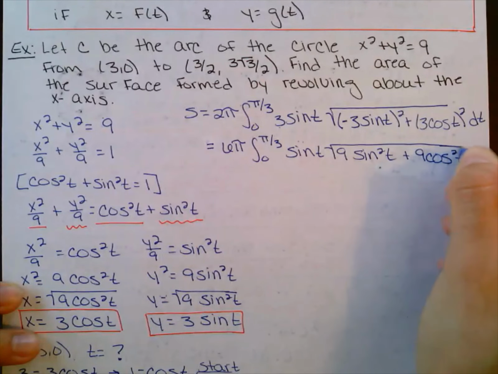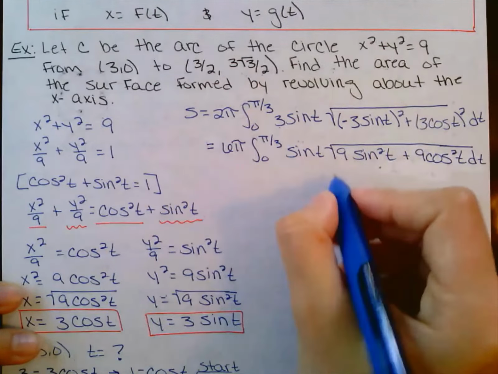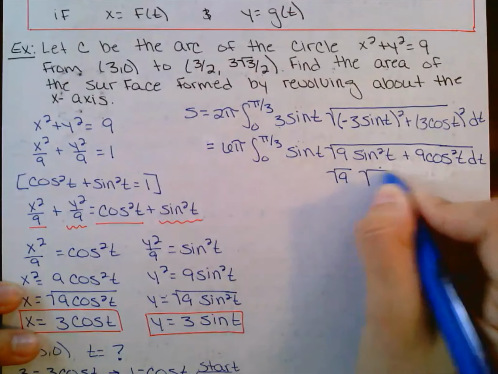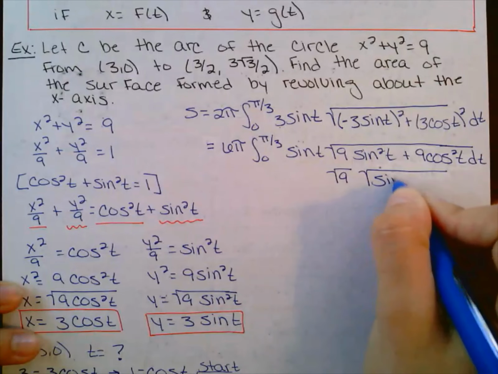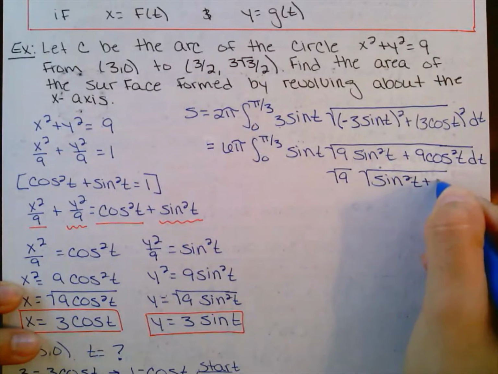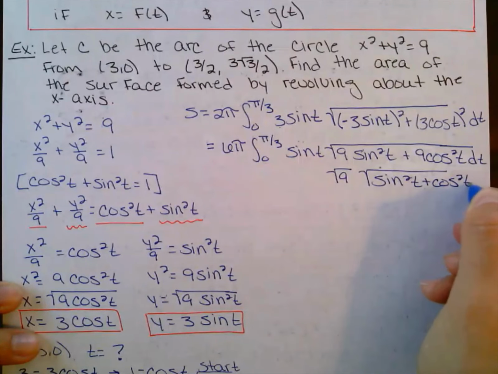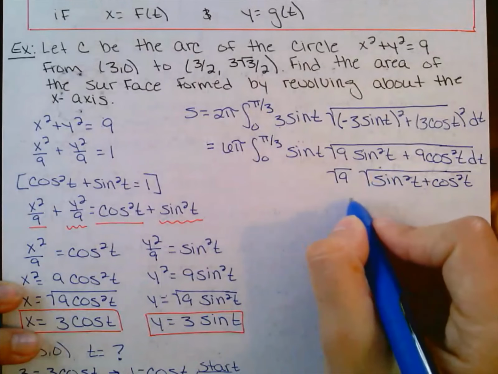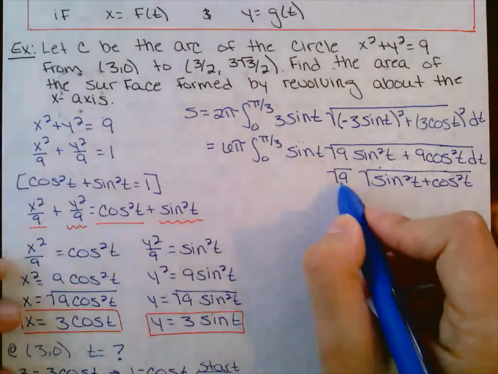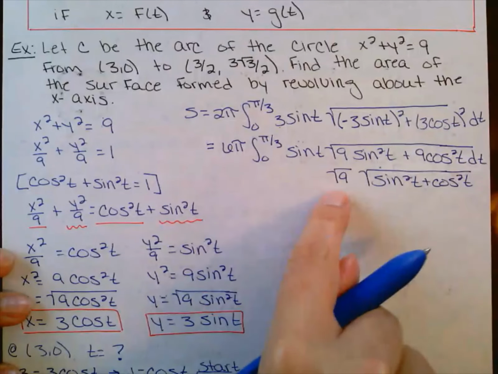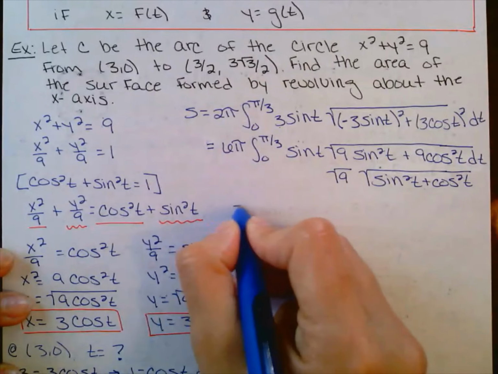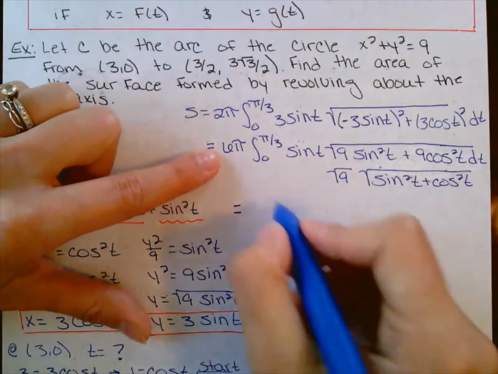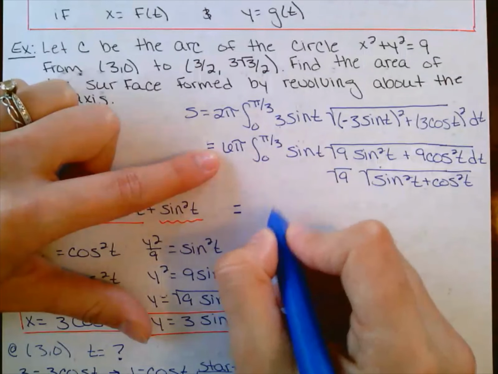Hopefully that's looking familiar. I can factor out the 9. Right? We know that sine squared and cosine squared is 1. And I can take this square root of 9, which is really a 3, out to the front. So if this square root of 9 is really a 3, 3 times 6 is going to be 18.